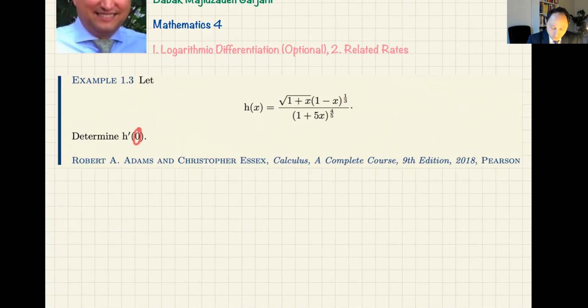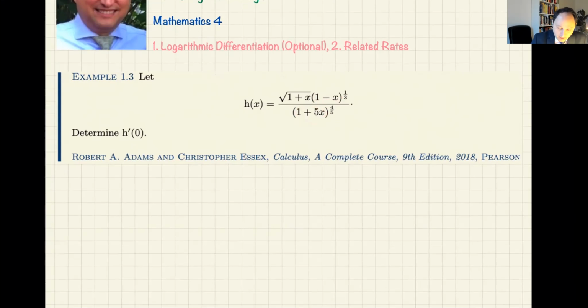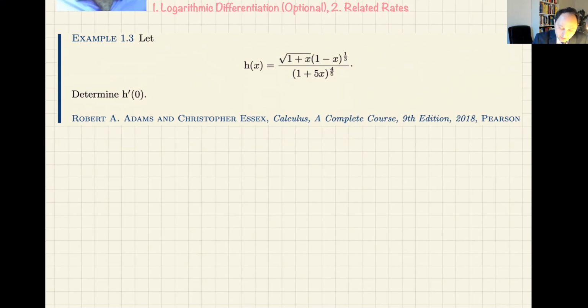For 0, this part is positive, this part is also positive, and this part is also positive. So I don't need to bother about that. That is one comment about absolute values. So here, I can directly start taking ln from both sides because I know I am doing differentiation around 0. So this is the important part.